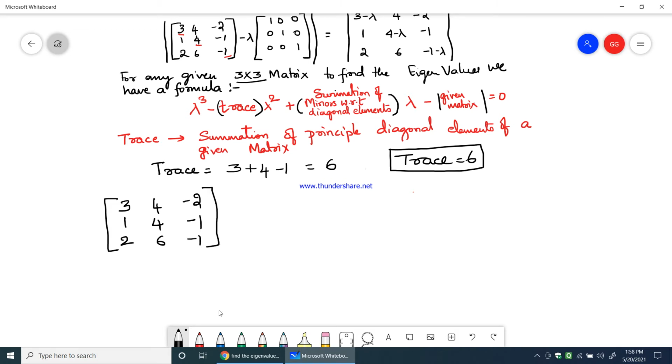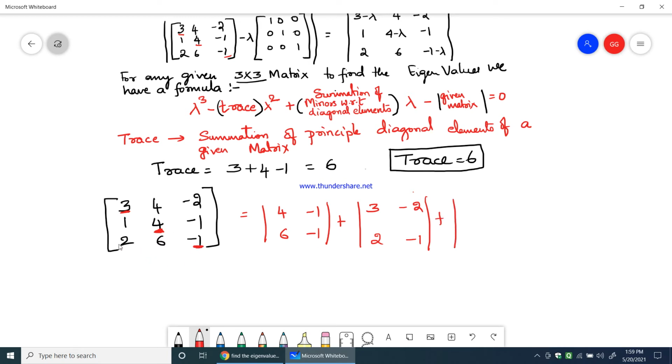Now when I take 3, you leave that row and that column, so I'll have the determinant of 4, minus 1, 6, and minus 1, added with the determinant of the elements left when I take this diagonal element and leave that row and column, which are 3, minus 2, 2, minus 1, and then added with the determinant for the last diagonal element.